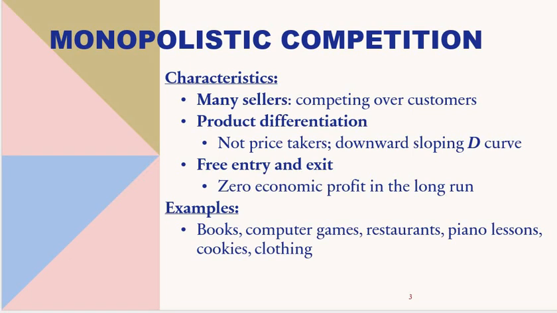In a high-tech industry or business, you do need some patents or you do need a research and development team. But for restaurants, we consider there are fewer barriers, so it's more like free or easy entry and exit. Other examples are maybe computer games, piano lessons, or food, groceries, clothing. Those are monopolistic competition industries.